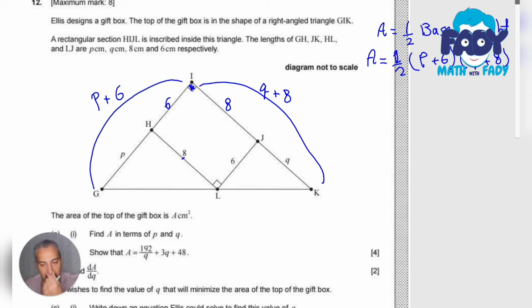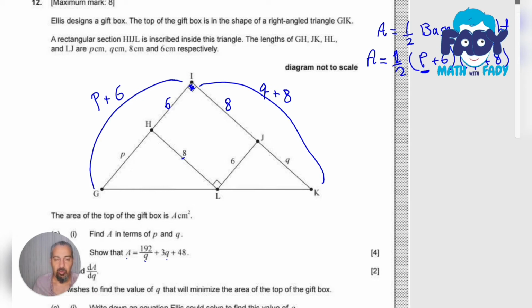Part II, show that A equals 192 over Q plus 3Q plus 48. We already found the area, but here this expression is only in terms of Q. It means that we need to replace this P and write it in terms of Q also.